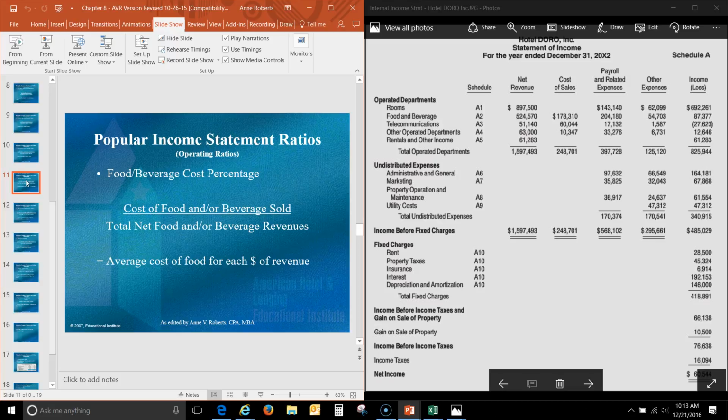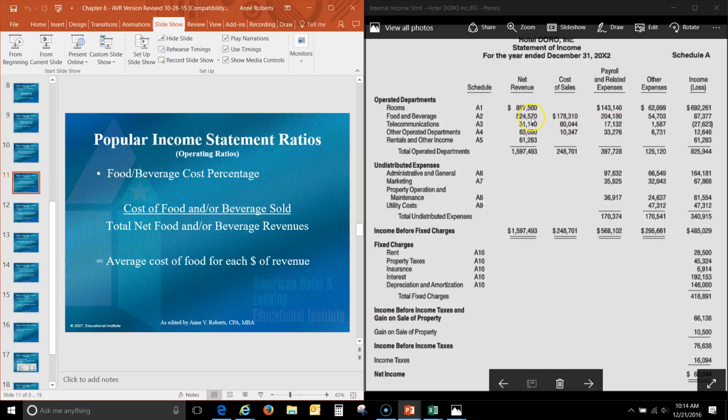In this particular case, on this income statement, we've got food and beverage combined together. So we would have cost of food and beverage sold, which would be the 178,310, divided by the total revenues, which would be the 524,570. These two numbers right here.